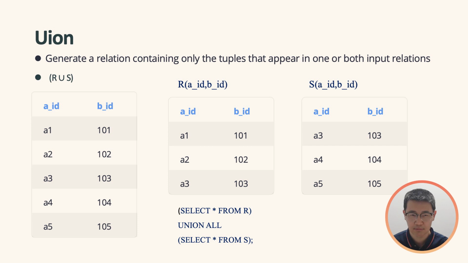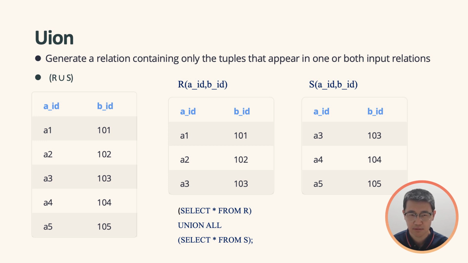For example, after performing this union on R and S, it actually corresponds to combining the tuples from R and S that have the same attributes and creating a new relation with those combined tuples.